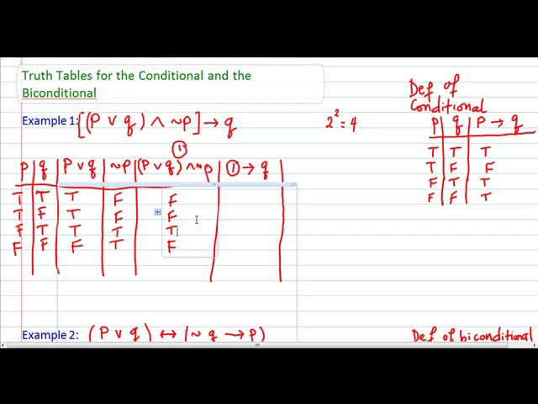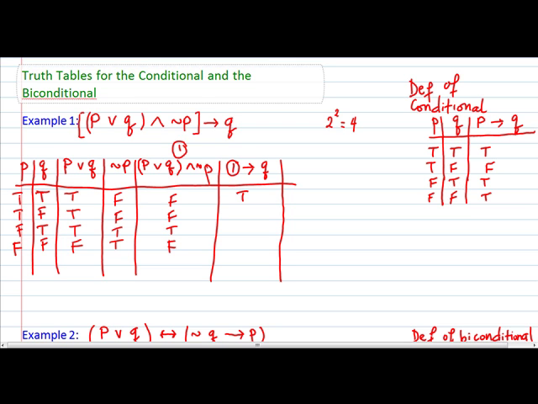So our last column, we do using the conditional statement here. Here is my antecedent and here is my consequent. So if false, then true, I have true based on my definition.